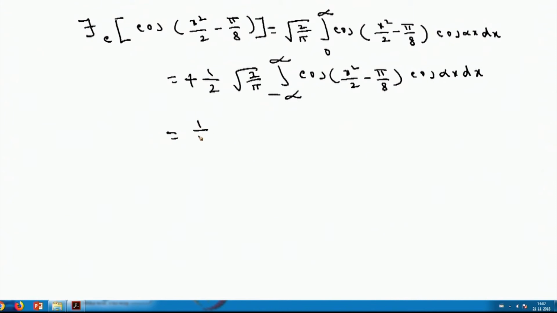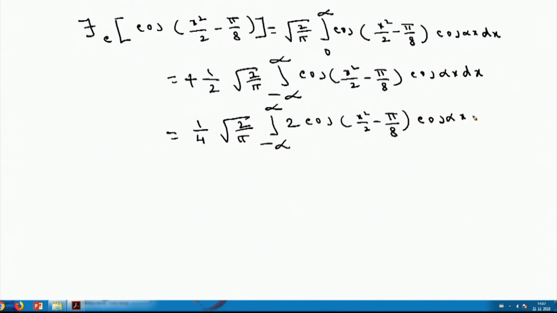And this equals, again, 1 by 4 into root over 2 by pi, minus infinity to infinity, 2 cos of x square by 2 minus pi by 8 into cos of alpha x dx. I am just multiplying by 2 and dividing by 2, so that the half has become 1 by 4. Now it is in the form of 2 cos A cos B and I can break it into 2 parts.